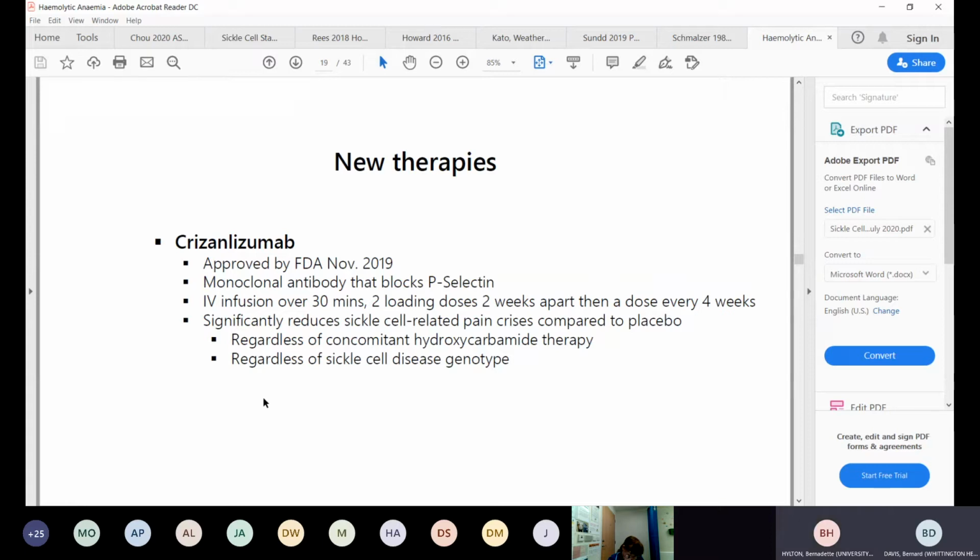Now, what it does though, Entonox is nitrous oxide, and it very rapidly inhibits vitamin B12. And you know that if you have B12 deficiency, you can have neurological complications as well as bone marrow toxicity.